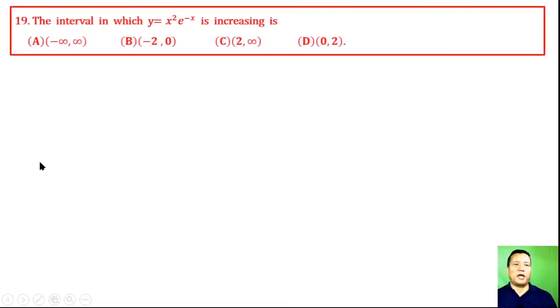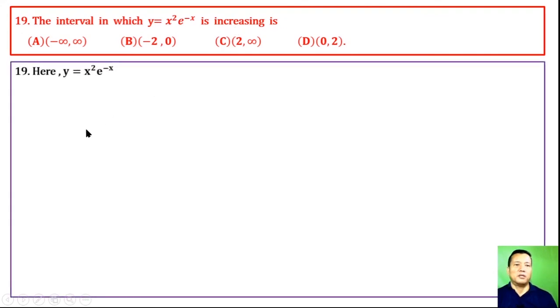For question number 19, the interval in which y equal to x square into e to the power minus x is increasing is... Here y equal to this, whose derivative with respect to x is denoted by dy by dx.